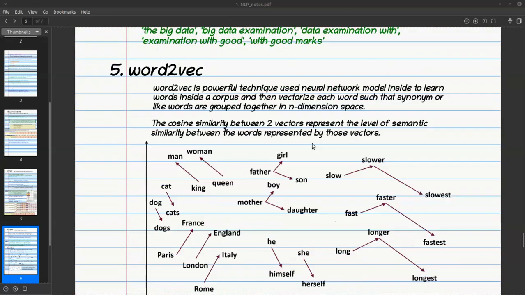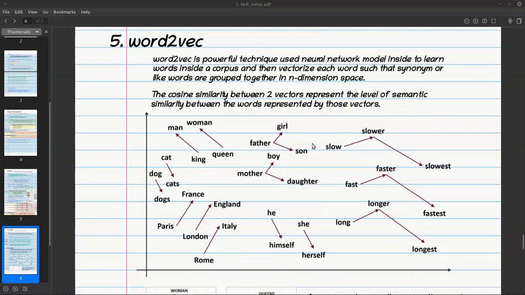Okay. Let's see word2vec. Word2vec is nothing but it's using some neural network model and trying to understand the semantic meaning, basically. Given the semantic meaning, there is some meaning between man and king and woman and queen, right?